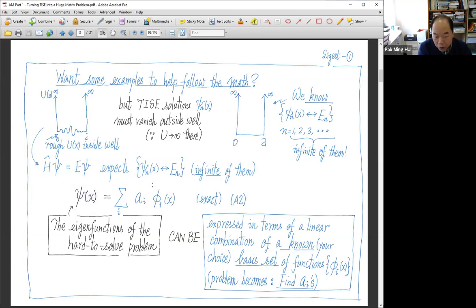We make a choice of the basis function, so all these are known, it is our choice. What are the unknowns? The coefficients, the expansion coefficients. Therefore, we have to set up some way to solve for these coefficients. If we can solve this, we know the energy eigenfunction, and we can also know the energy eigenvalue, E. Okay, so that is the strategy.